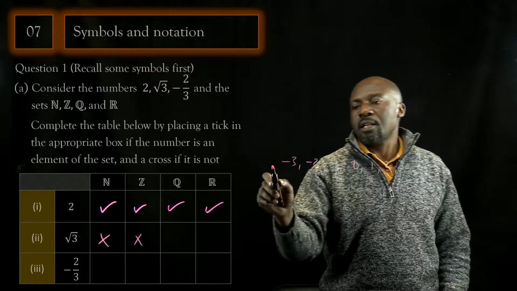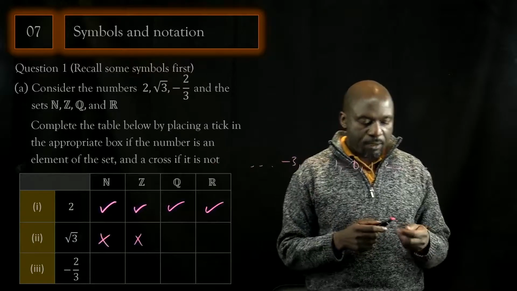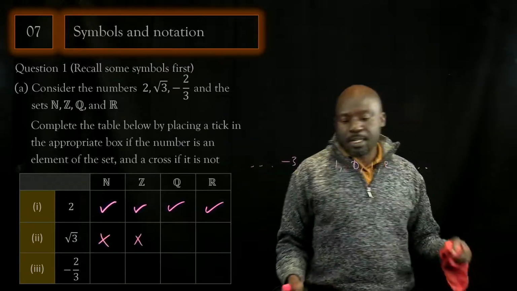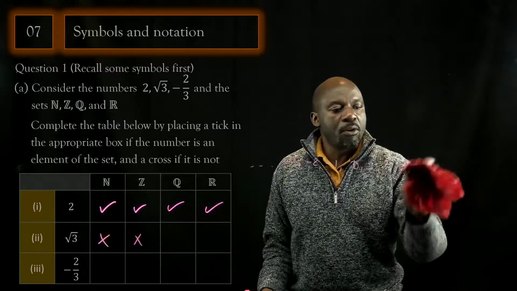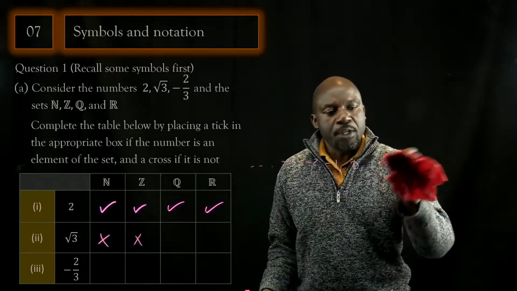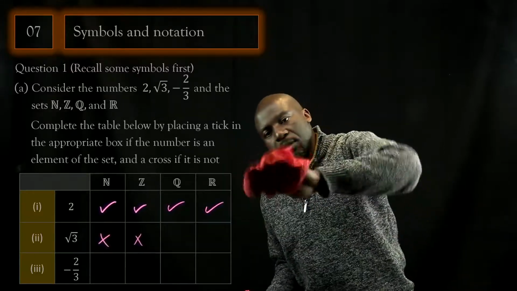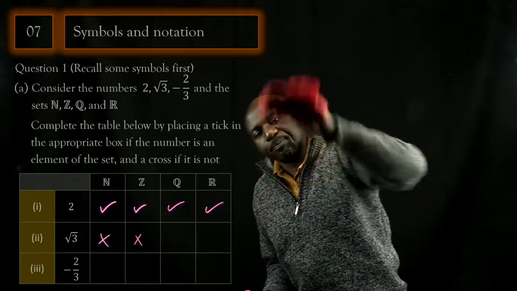Okay, these are the integers, positive and negative numbers like that, including 0. They're on the number line, but they are whole size, not decimal. Those are the integers. So root 3 is definitely not one of them.